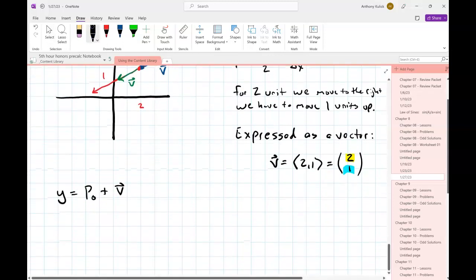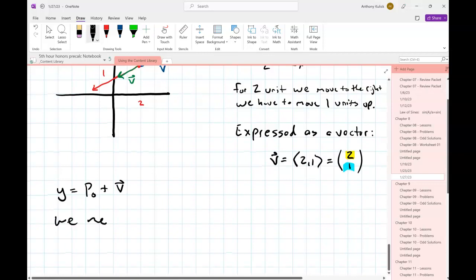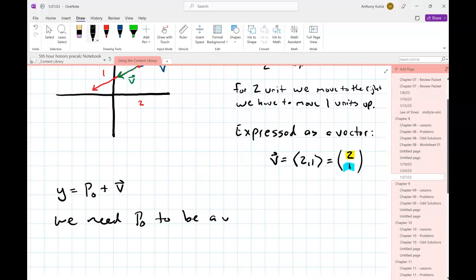We need this to be a vector. Well, how do I do that?